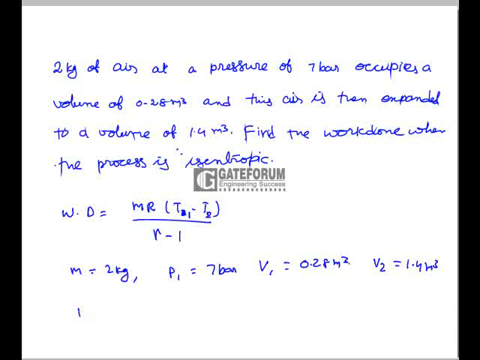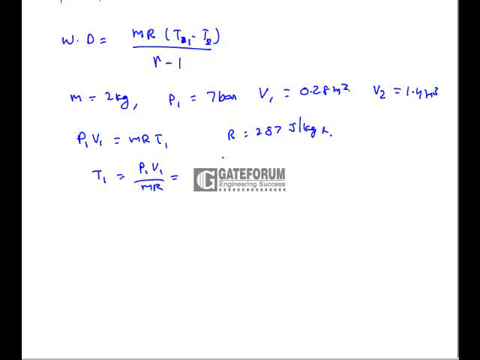From the perfect gas equation, P1 V1 equals mRT1, where R is the characteristic gas constant and is equal to 287 joule per kg Kelvin. All the values are known except T1. Now we can find T1 from this equation, which is nearly 341.5 Kelvin.